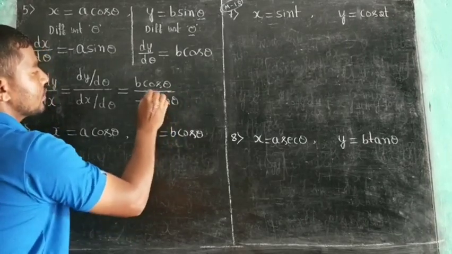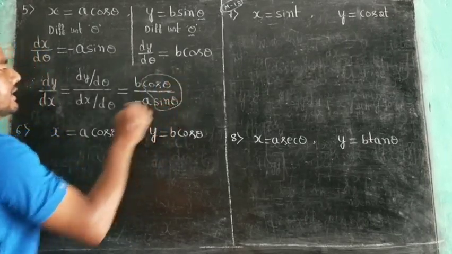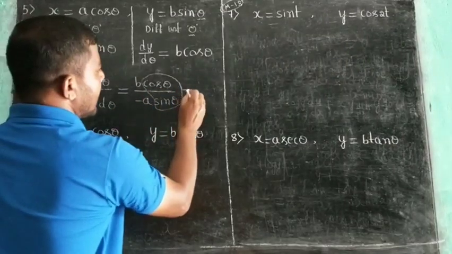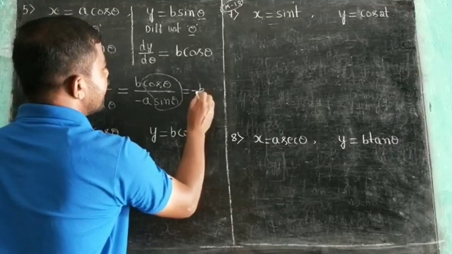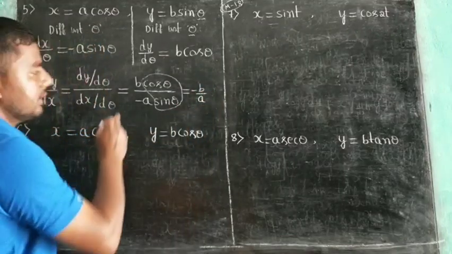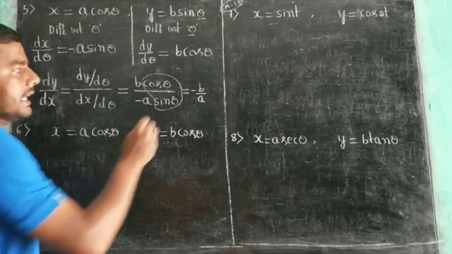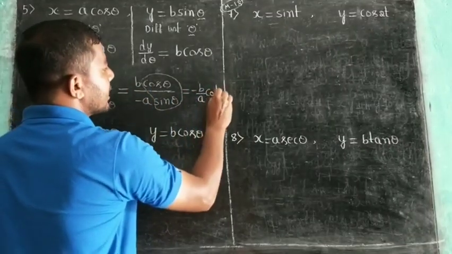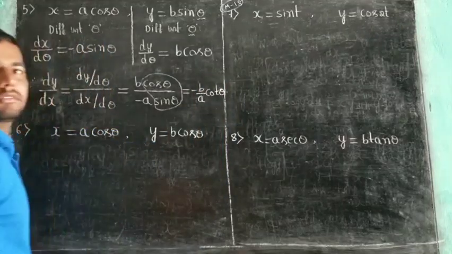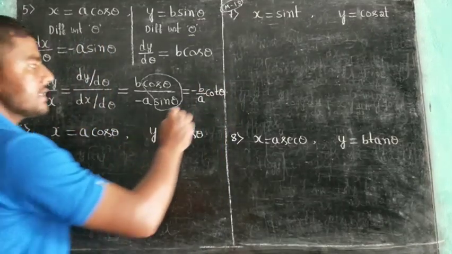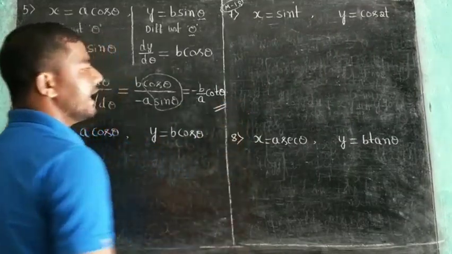So combine these two. Cos by sin is nothing but cot. So the final answer is minus b divided by a into cos theta by sin theta. Cos theta by sin theta is nothing but cot theta. Final answer is minus b divided by a cot theta.